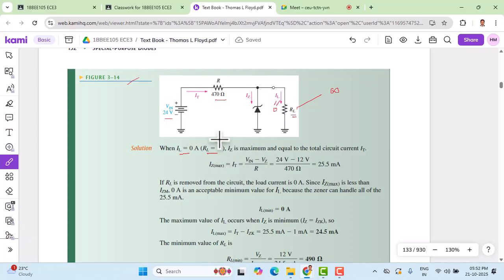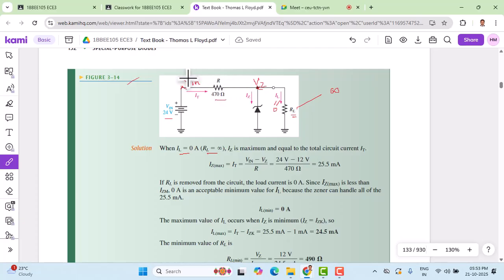At this point we have Vin, and at this point we have VZ. Since current is not flowing through the load branch, it should not be considered. We have a resistance R here, and I want to estimate IT.